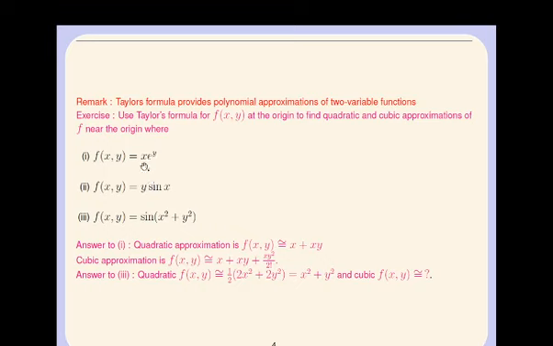What is Taylor or Maclaurin expansion of x? It is x itself. And what is the Maclaurin series of e to the power y? As a function of single variable, I am asking. So it is 1 plus y by 1 factorial plus y square by 2 factorial plus y cube by 3 factorial plus etc.